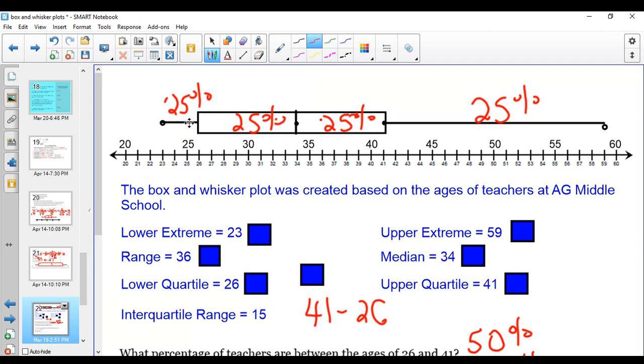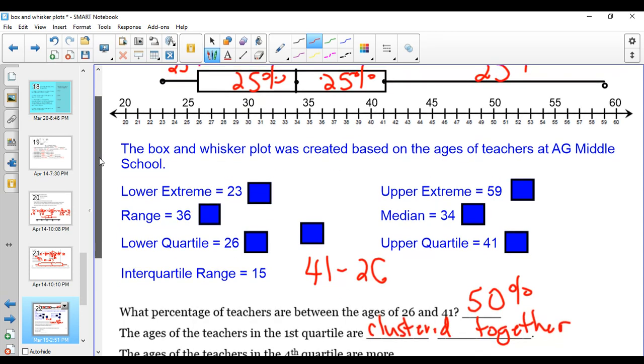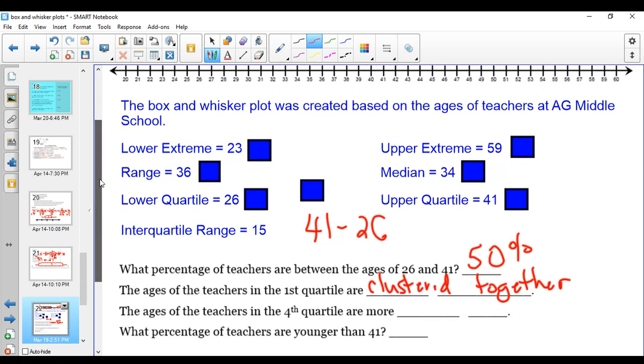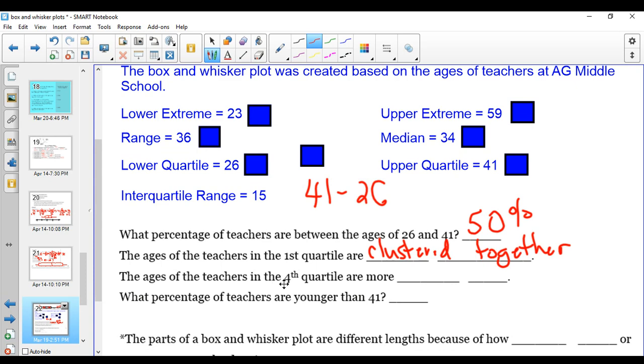Again, we don't know exactly how many teachers' ages were in this data set. It could be 10 teachers, it could be 50 teachers. So we can just predict that there were a lot of numbers that were repeated, or they were very close together in that section. The ages of the teachers in the fourth quartile are more.